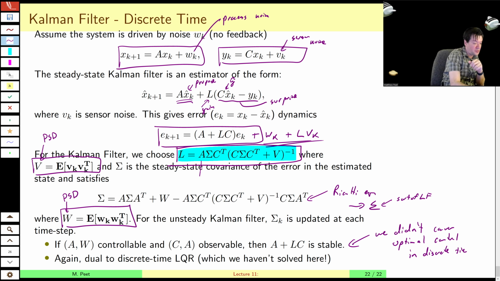Notice that there's an A term here, which is different than in continuous time. So we've got a gain, we've got a Riccati equation, and the result is to minimize the power spectral density of the error again.